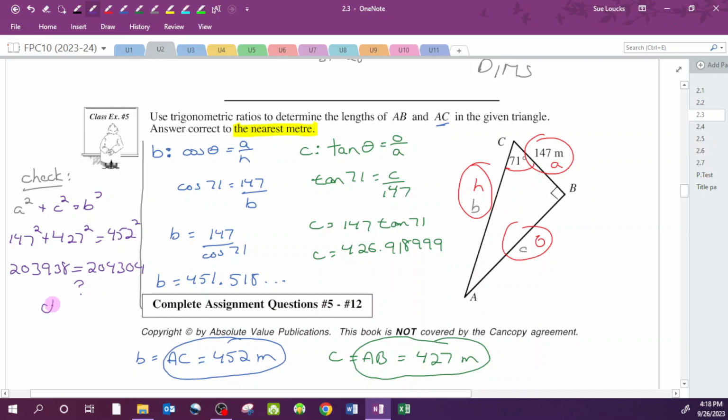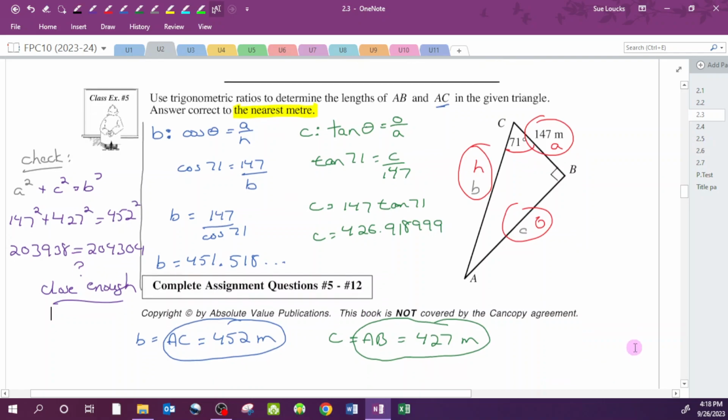That's close enough. Anytime you're doing anything with rounding, you're going to have to decide if they're close enough. Those are actually pretty close. I could also do it with another decimal or two, and then I'm going to get an even closer number. I could use this number up here for B and this number up here for C, and these things will be closer to equal, but that's not what I did today.